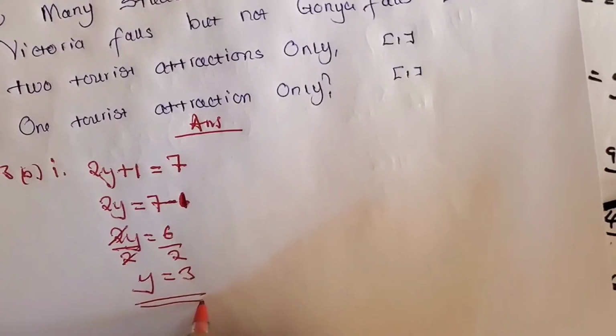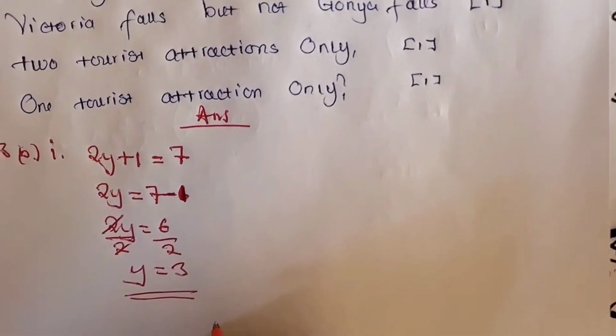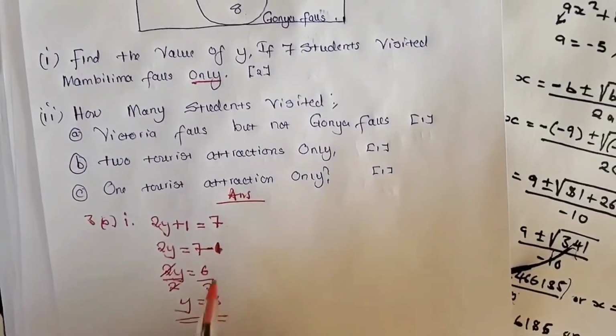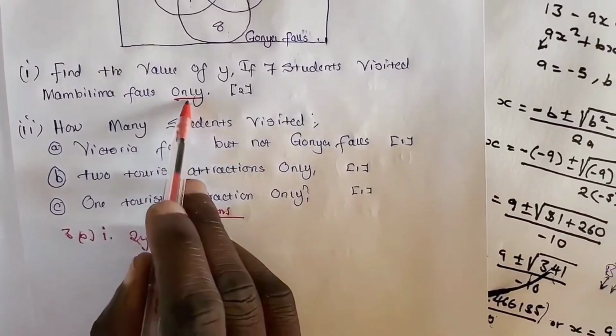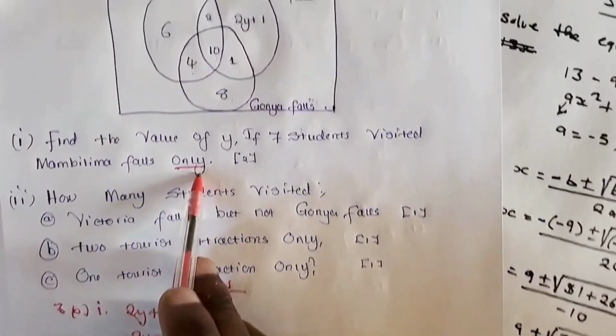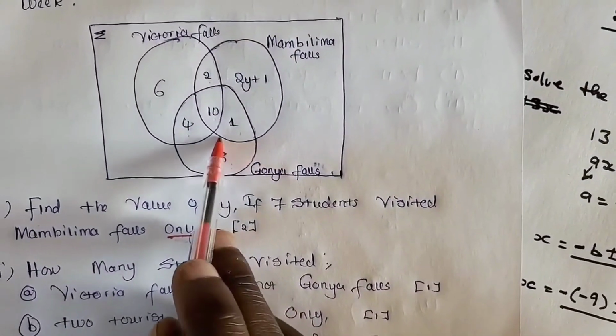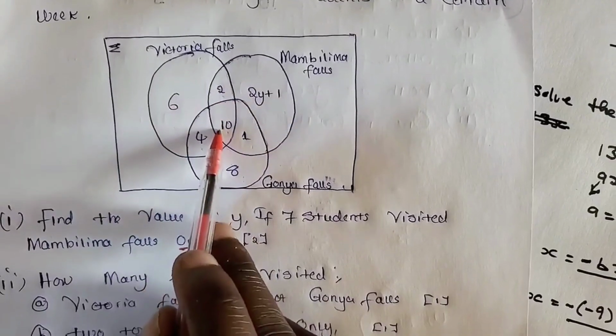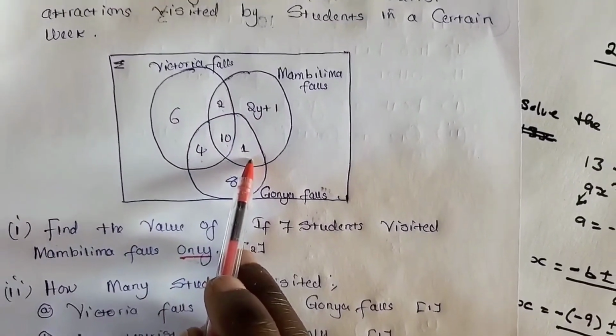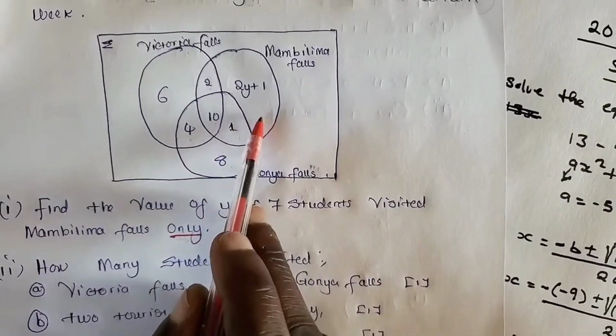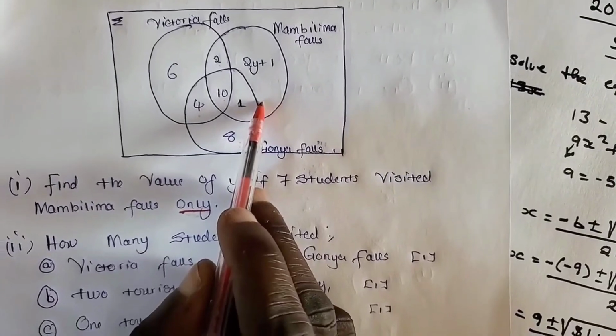So the value of y is 3. Now, if they didn't say only, we would have also included this area with 2, 10, and 1. But they've said only, so we only include this region here.